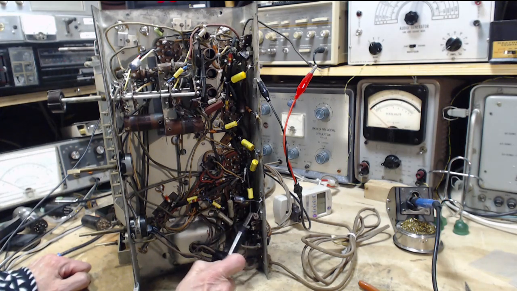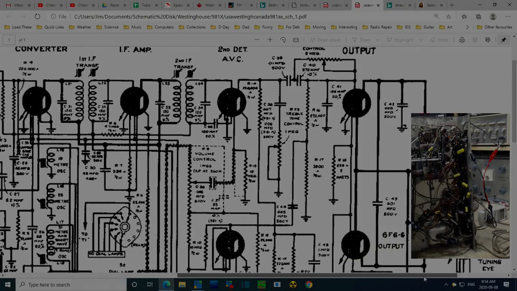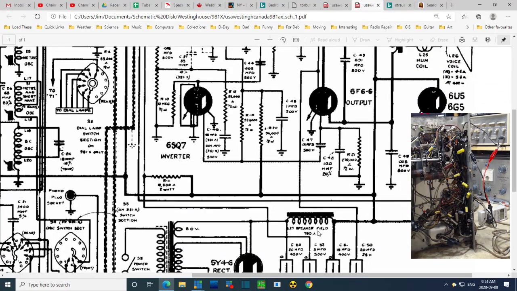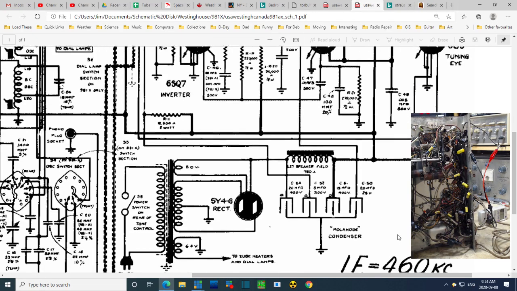Wasn't it this one? Wasn't that the shared cathode? Confused myself. Let's look at the schematic. Yeah, that's it, right there. So that's fine. And it's probably bypassed by one of these, right there. And the molded condenser appears to be okay.